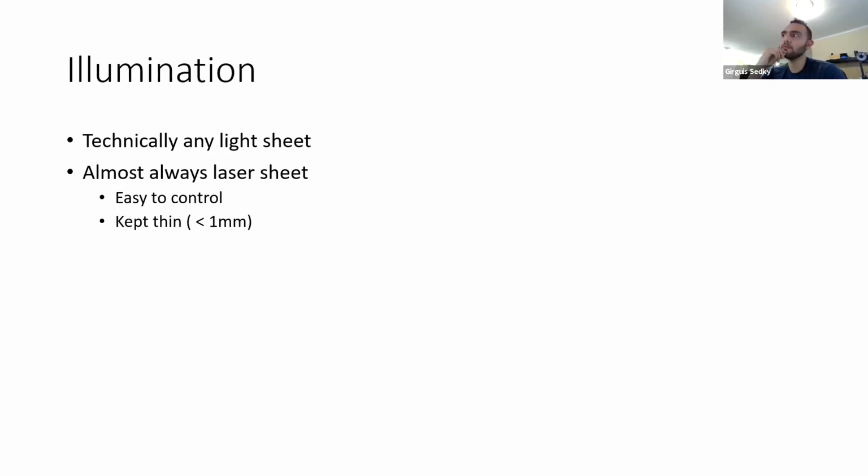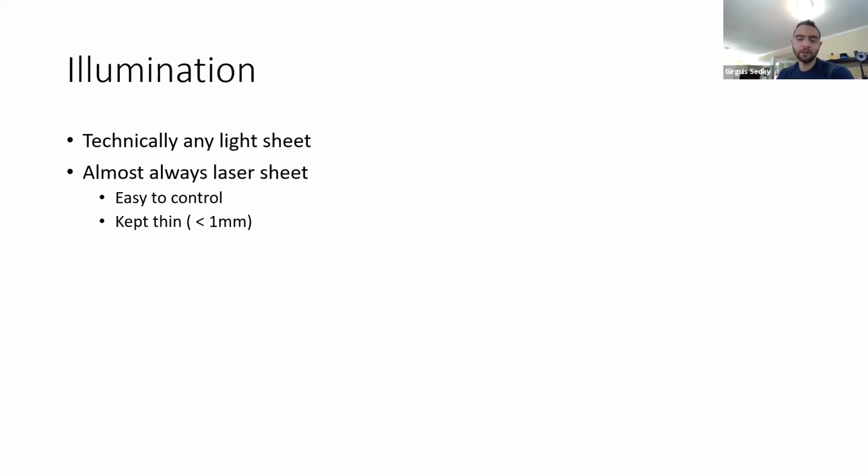Now, the reason you'd want a really thin laser sheet is if you're doing two-dimensional flow measurements, that means you need to track particles in your plane and not another plane. If you have a laser sheet that's too thick, your camera is going to see too many particles that are not in your plane of interest.